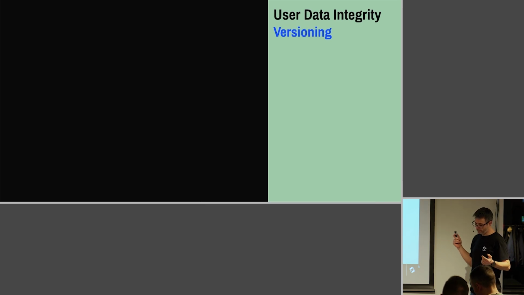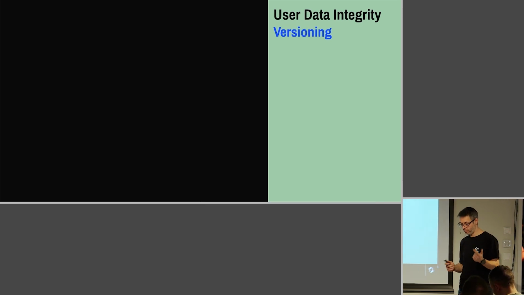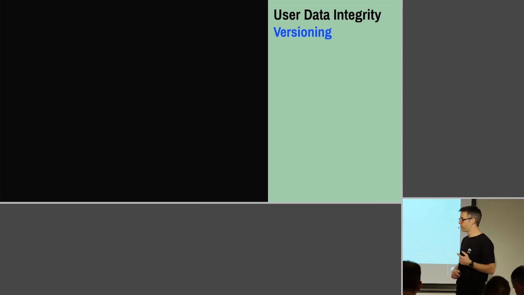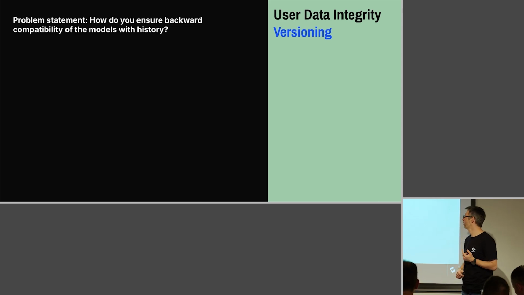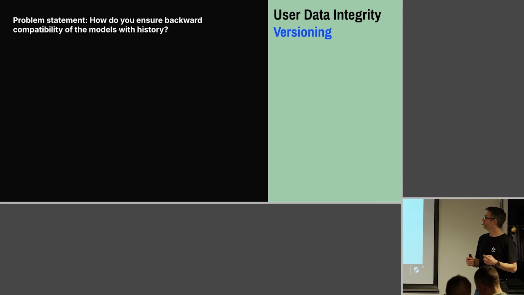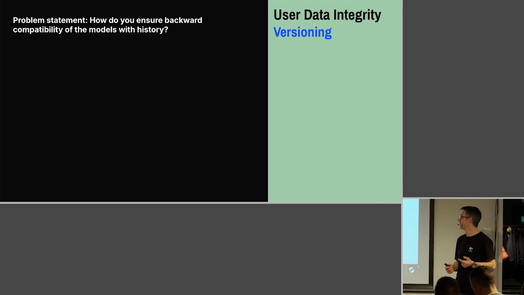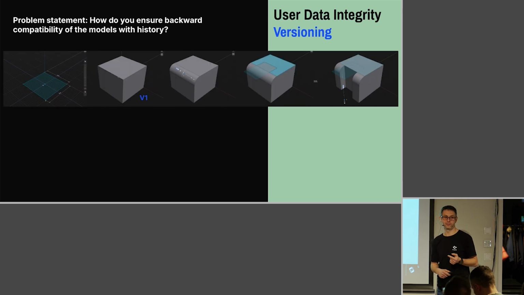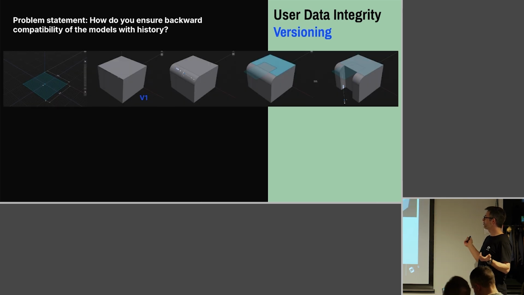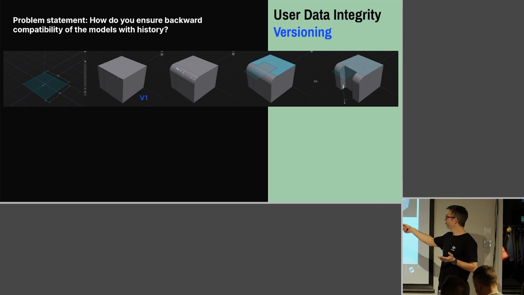The other thing which affected user data integrity was versioning. So what do we mean by versioning? How do you ensure backward compatibility of your models with history, right? So we originally had a workflow where we extruded, created a cube, filleted it, and then we kind of split that part.